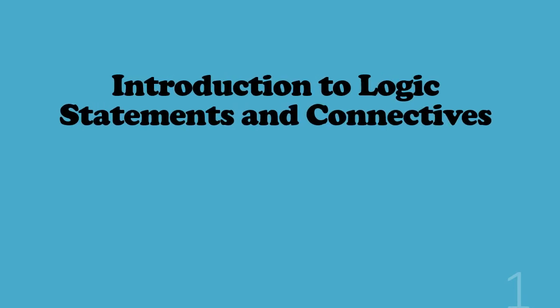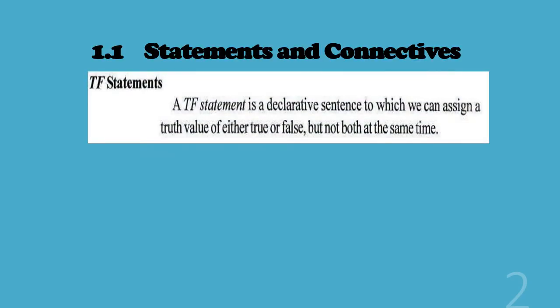Hello, we're going to begin today talking about some basic concepts of logic, and we'll start with what we mean by logical statements. The first thing we'll consider are what's referred to as TF statements.